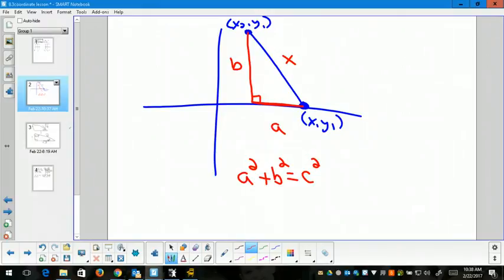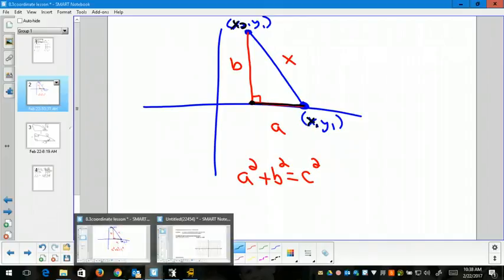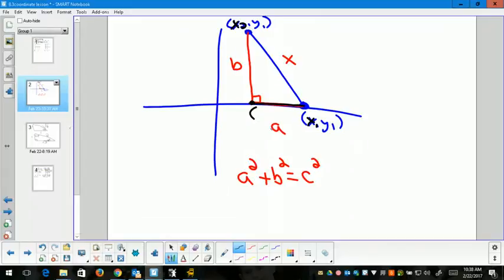But here's the thing. The length of A goes from here to here. From x sub 2 to x sub 1. So it is the difference of really x sub 1 minus x sub 2, but x sub 2 minus x sub 1, it's really the absolute value of that distance. If that's a 1 and this is a 5, then it's 4 units long.